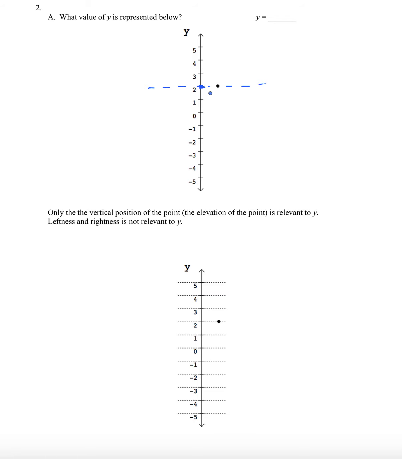It intersects right here at a value of 2, and so that is the value that's represented by that dot. So only the vertical position of the point matters when it comes to y. The leftness and rightness of the point is actually not relevant at all.